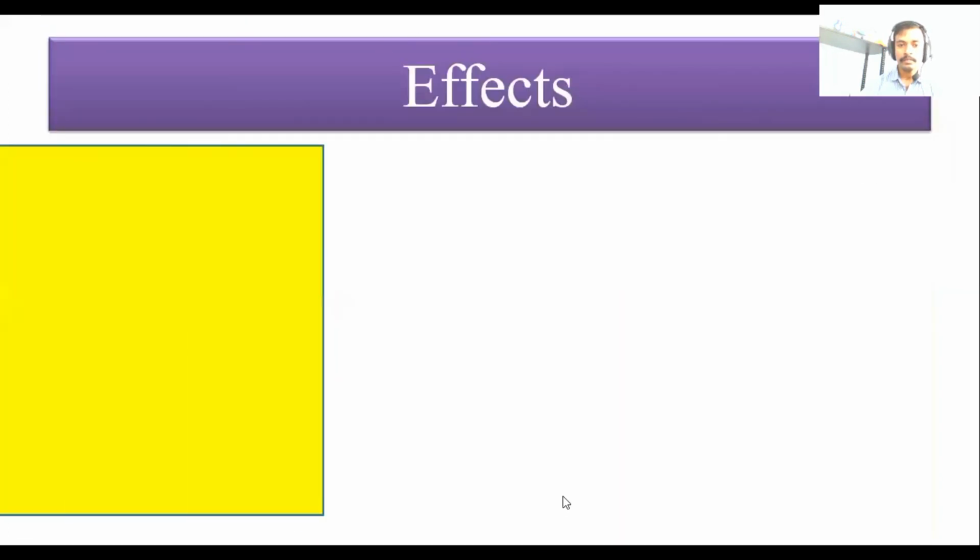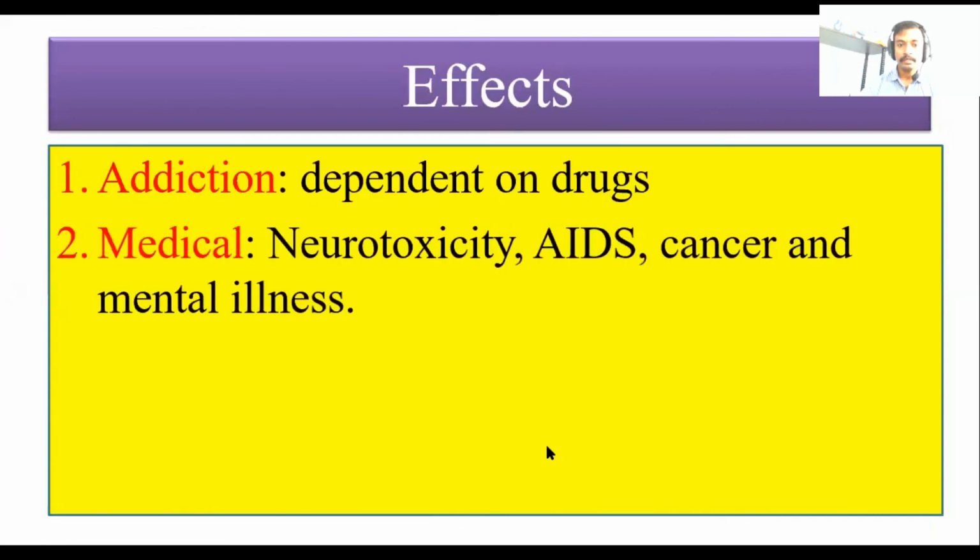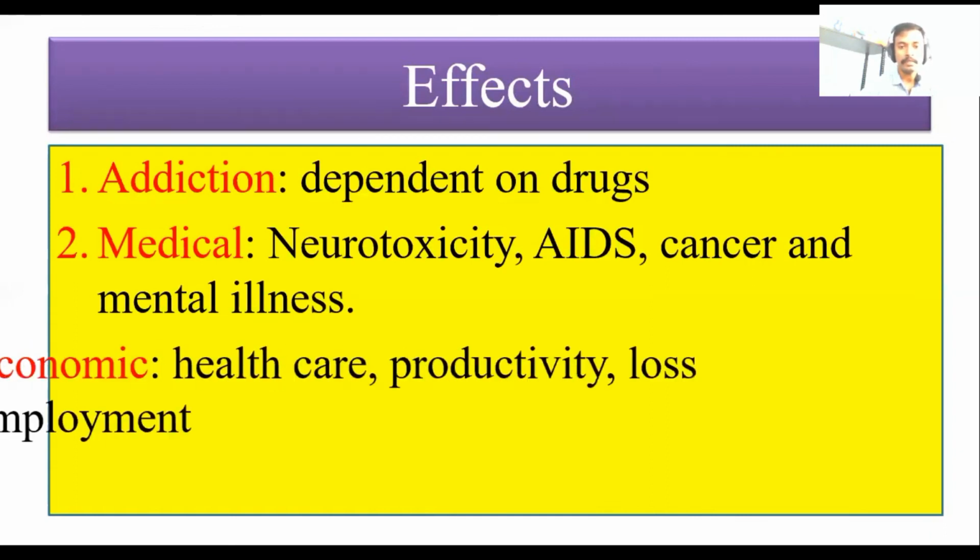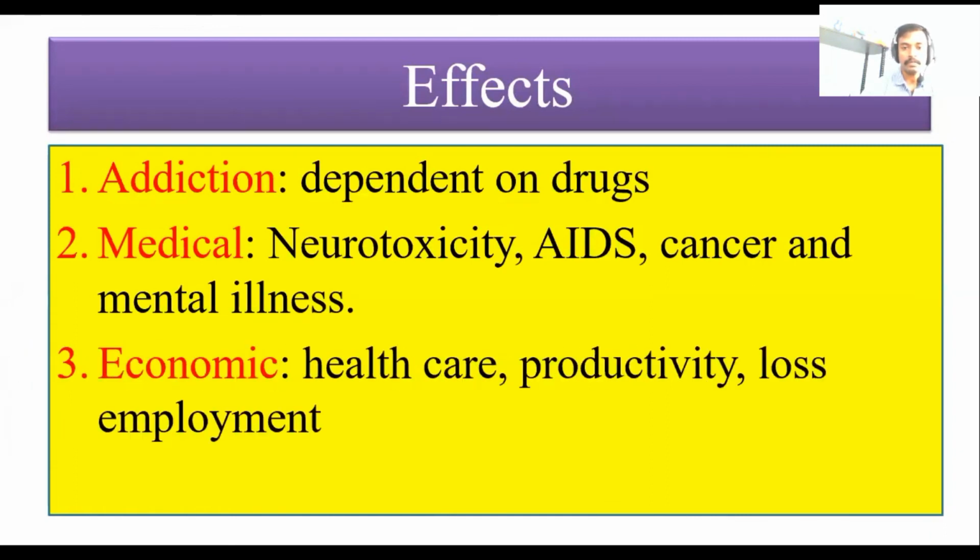Then effects: addiction is the first effect, a person is addicted to it. Then medical: neurotoxicity, AIDS, cancer. AIDS, we know, for example, a group of people use syringes and administer with only one syringe, sharing their syringe. So if one person has AIDS, everyone sharing gets it.